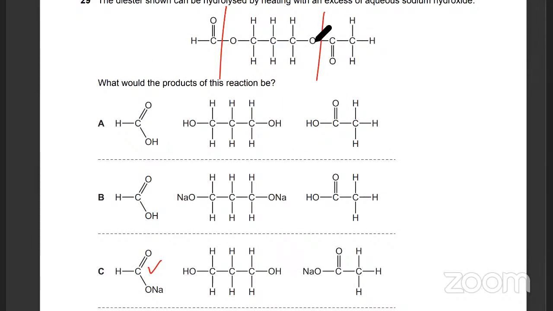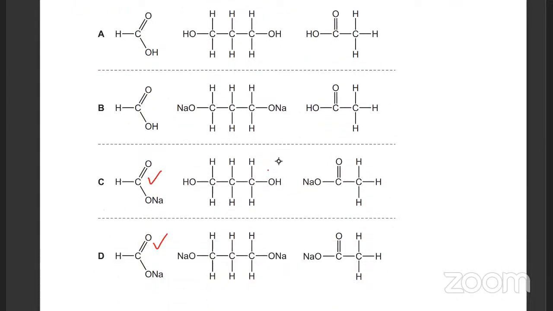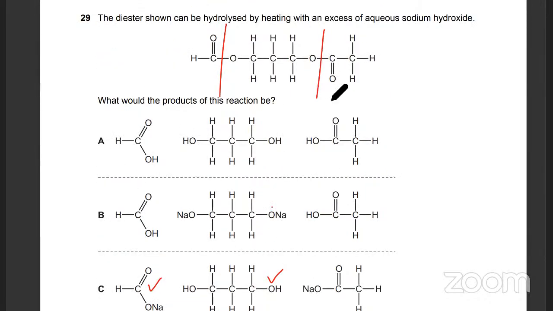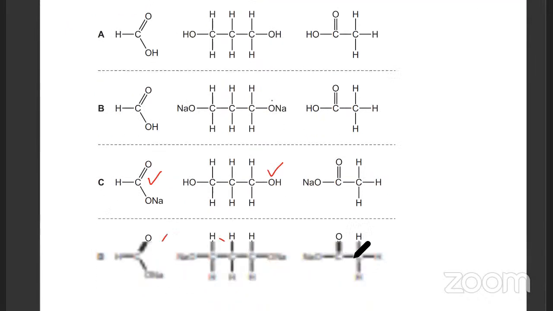Yes. And this part will turn into alcohol. But alcohols don't react with alkalis. Remember that. Alcohols react with Na, but they don't react with NaOH. This other part would also form a carboxylic acid, but it would react with the alkali to form a salt. Why is sodium attached?